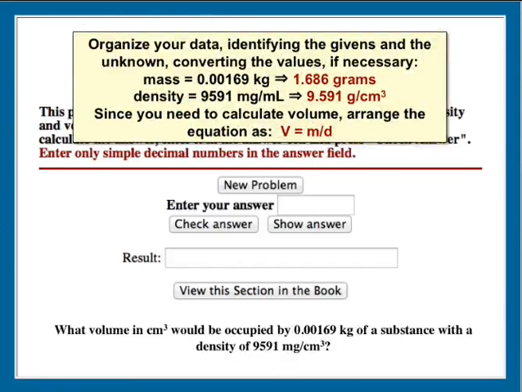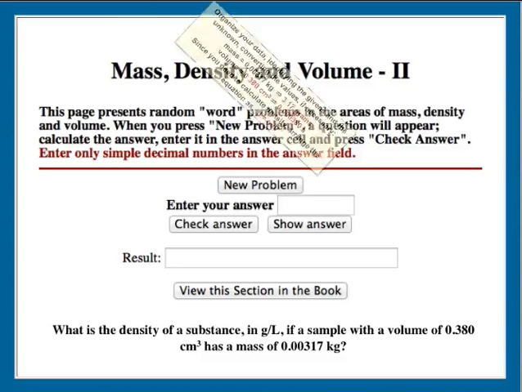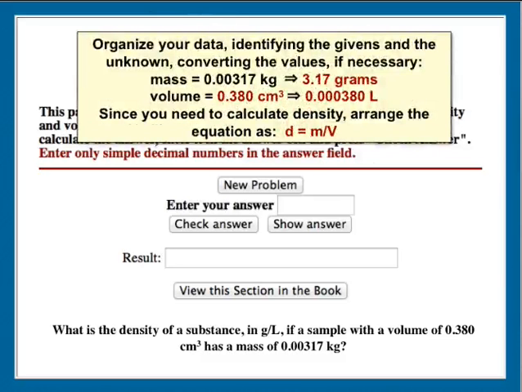All right, here we're looking for a density. We're looking for grams per liter. We have cubic centimeters for our volume and kilograms for our mass. The two conversions we need to do are from kilograms to grams.